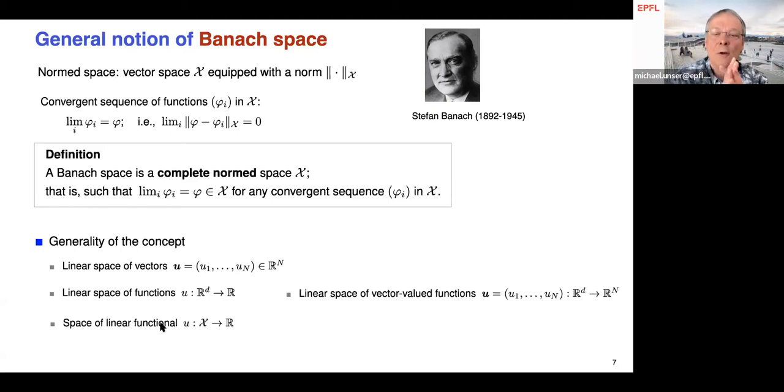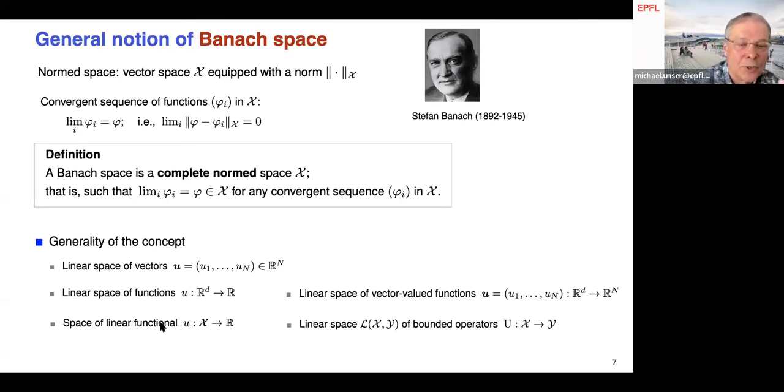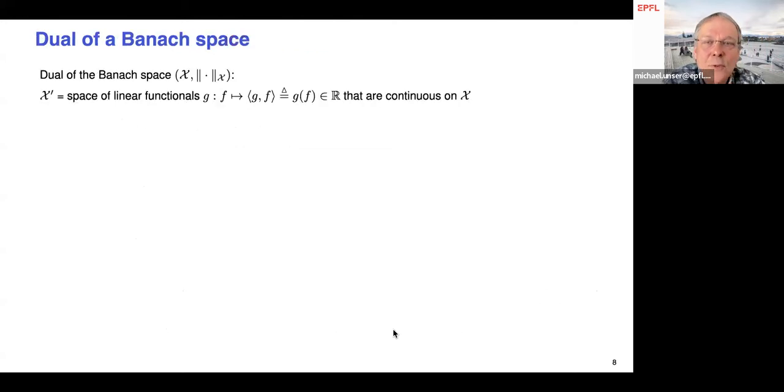But it also covers something more general: spaces of linear functionals, like a linear functional going from a Banach space into R. And you can even be very general: linear functions that go from one Banach space into another one also form a Banach space. So the notion is amazingly general and covers almost anything you need.